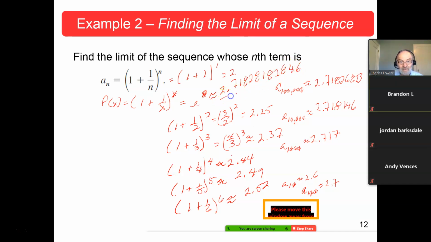So the first 4 digits here, we're right on the money. They get off on the 5th decimal place. And if you kept doing bigger and bigger numbers there, you get closer and closer to e. So that's what that is.